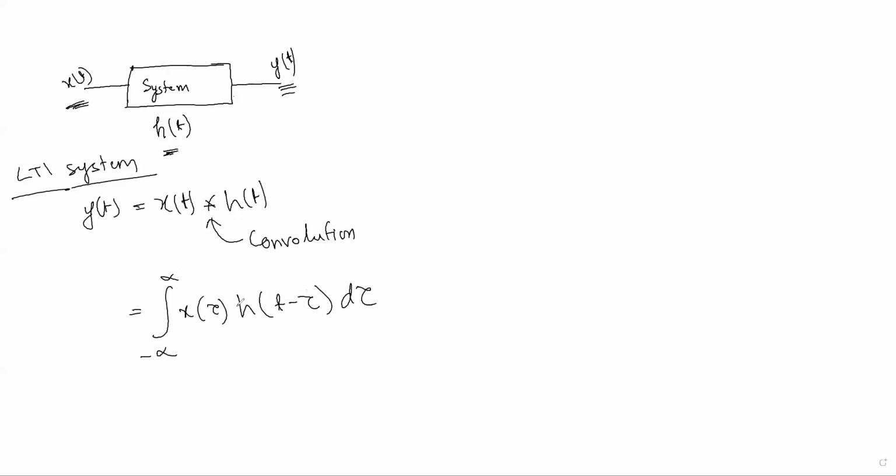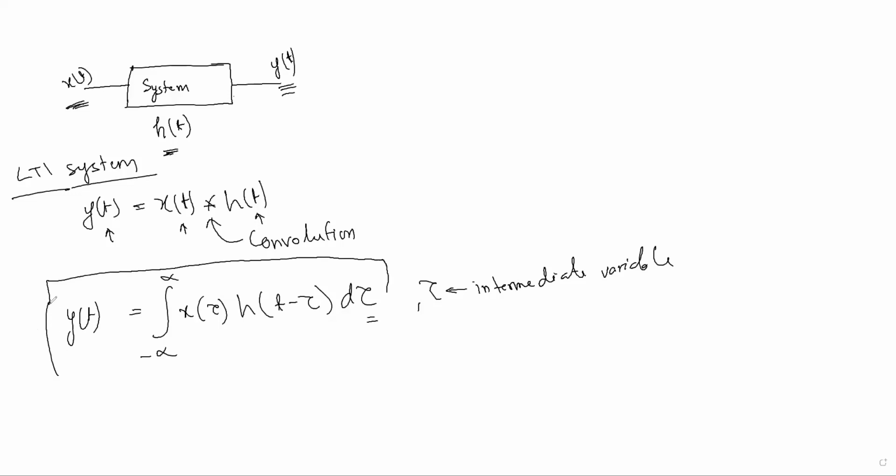Here you can see the independent variable is t, but tau has come, and the integration is also in terms of tau only. This tau is the main variable, or you can say an intermediate variable. This is a very important formula, the formula for convolution, and you should know it.